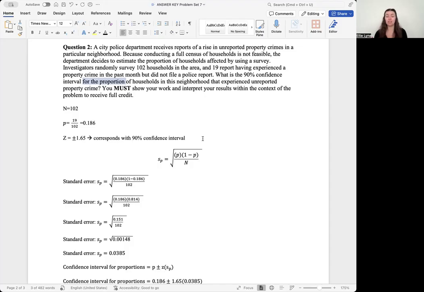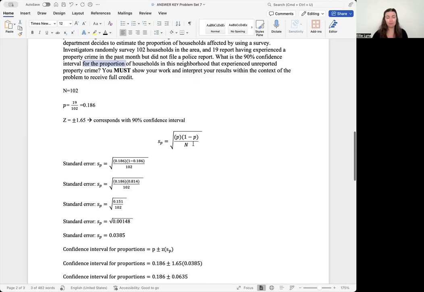Essentially, that's the first thing you should do, because it determines what formula you are using. So our standard error formula is to multiply the proportion value times 1 minus the proportion value, over n, and take the square root of that entire figure.